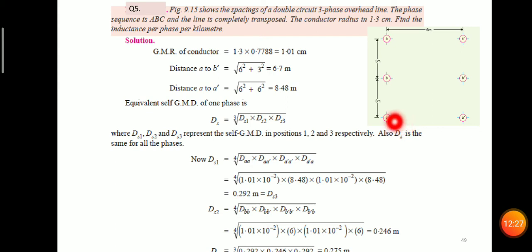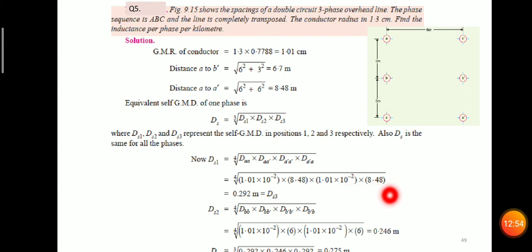Then Ds3 will also be the same as Ds1, because the distance between C and C dash is the same as between A and A dash. Using DCC, DCC dash, DC dash C dash and DC dash C, we will get the same answer, 0.292 meter.